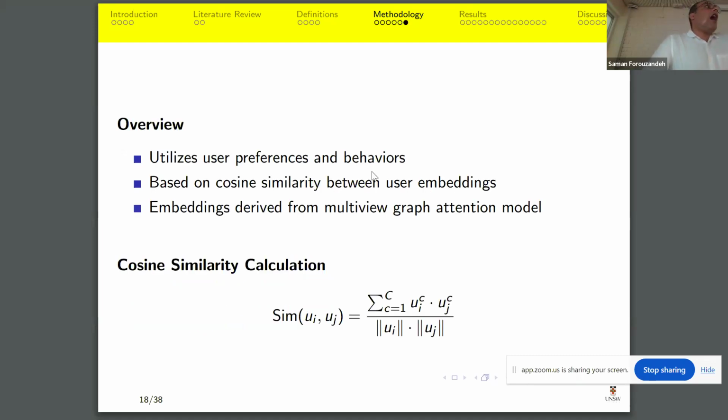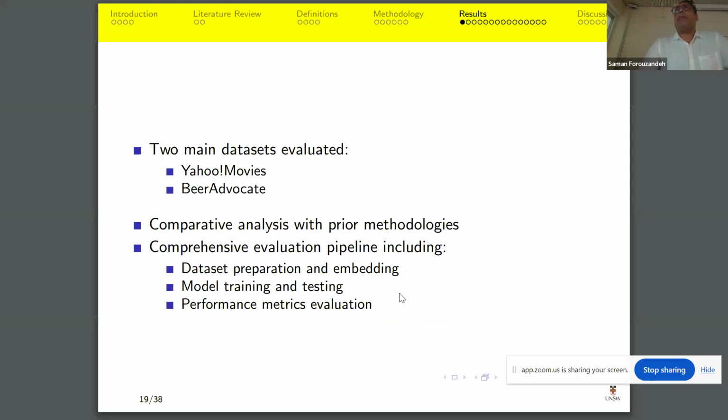Then how do we generate recommendations? We want to utilize user preferences and behaviors based on the cosine similarity between user embeddings, including the multi-view graph attention model, using the cosine similarity for finding similarity between embeddings.